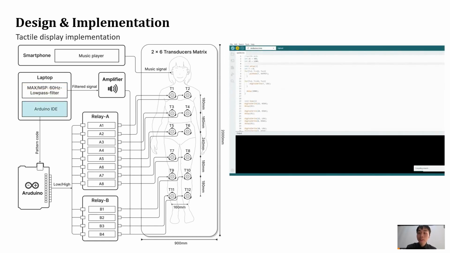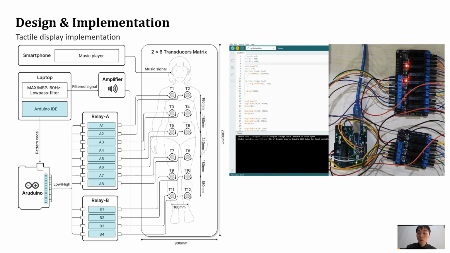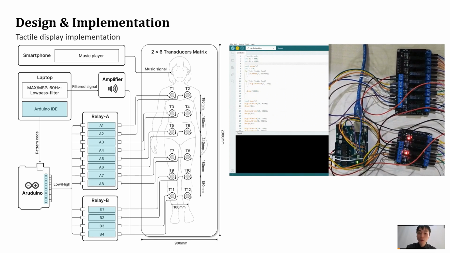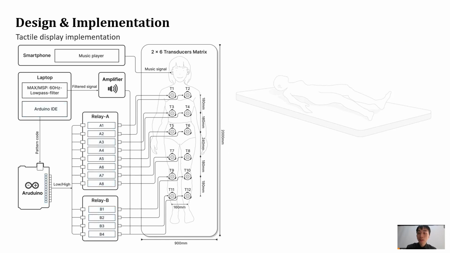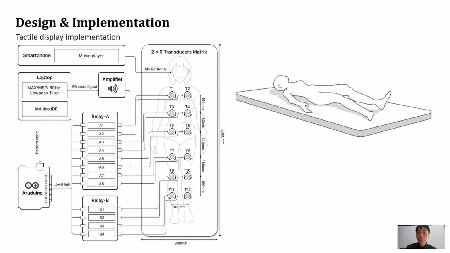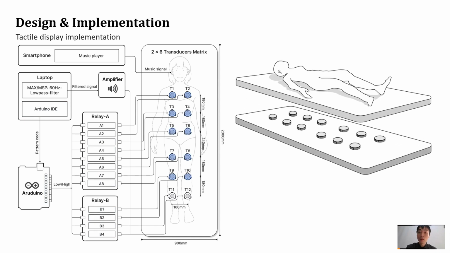Then, the filtered signal is transferred into an Arduino control circuit, which determines the on or off state of channels that correspond to 12 transducers. Ultimately, the users encounter a multisensory experience with the harmonious combination of the repeated vibration loop and music.